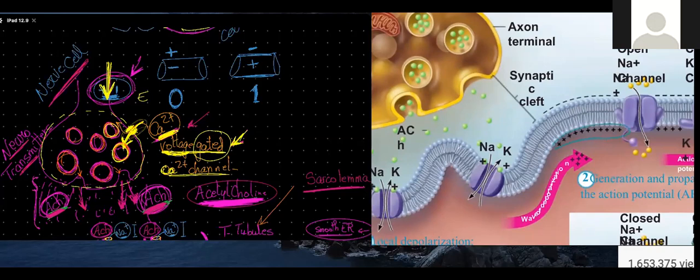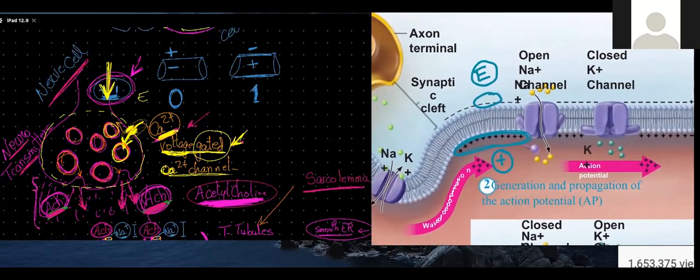What I mean by depolarization, I simply mean that the inside of the cell is going to be more positively charged compared to the outside, which is going to be more negatively charged. This means I'm conducting an electrical signal now on my muscle cell.